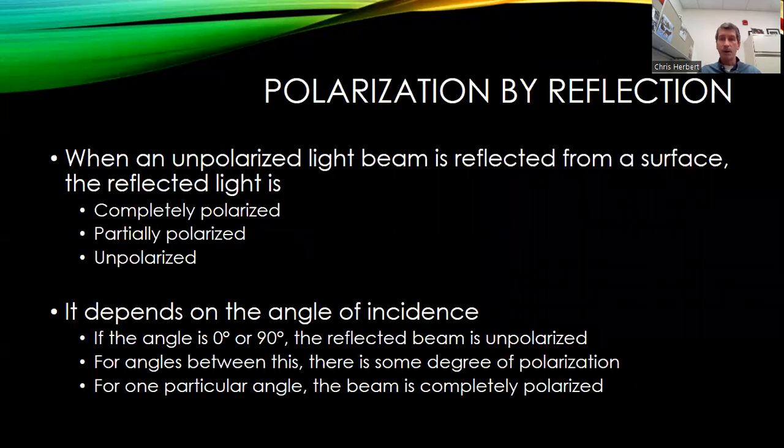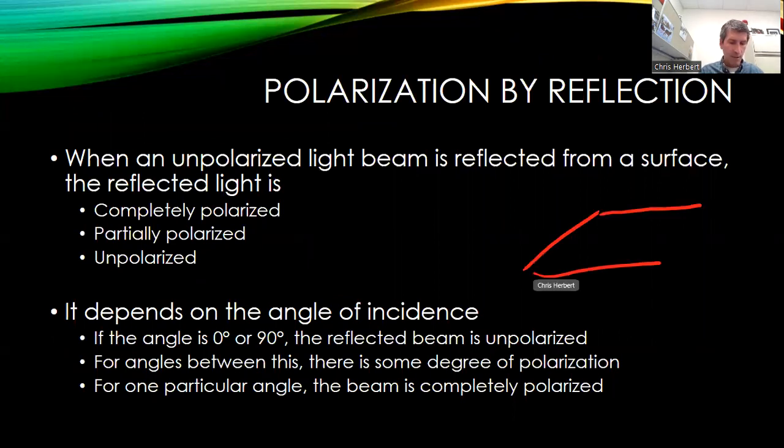Now, polarization by reflection, as we said before, if I have some reflective surface, some interface, we have to think about the way that the light is going to hit that interface. It's going to hit it like this and then reflect off of it like this. Well, the problem here is that if I draw my little atom right here, a molecule, it's going to act like an oscillator, okay?